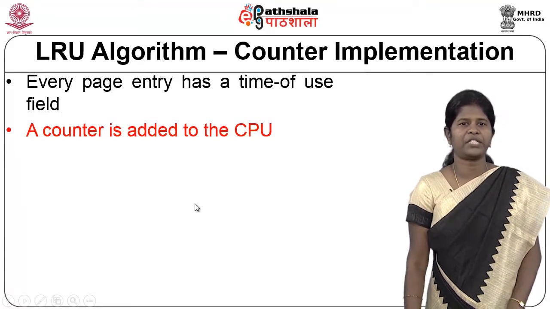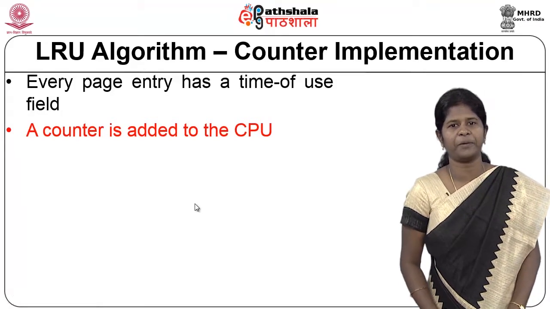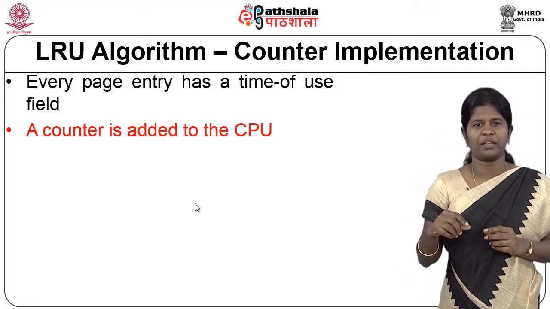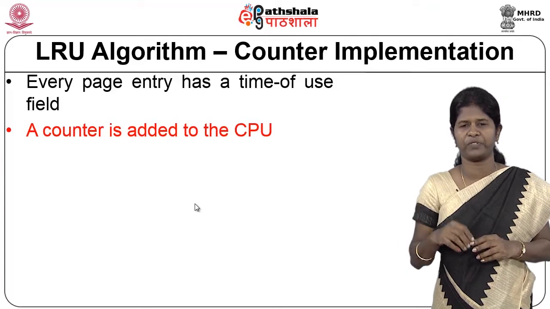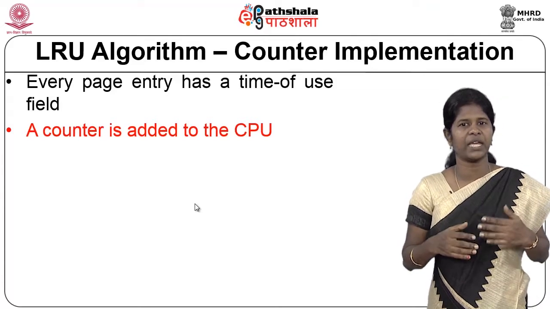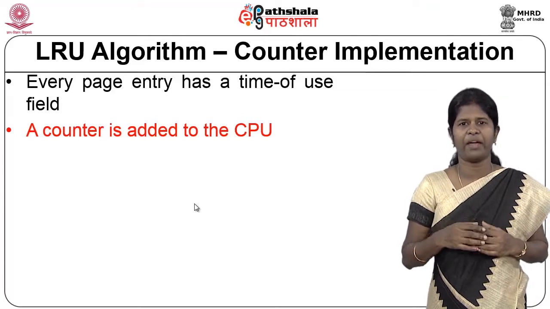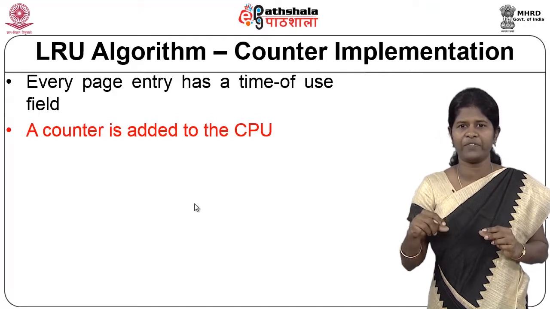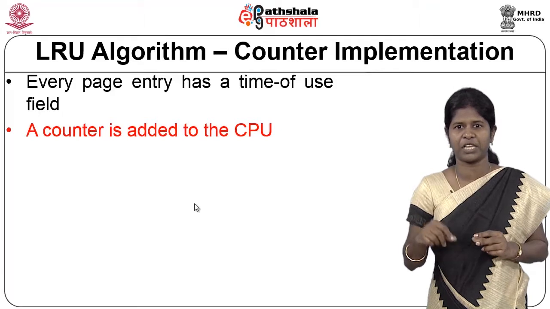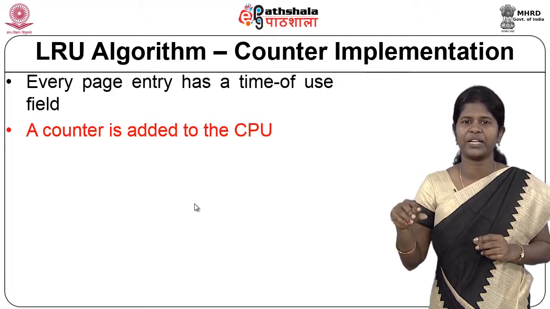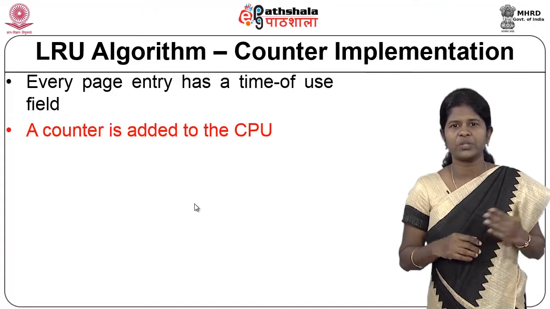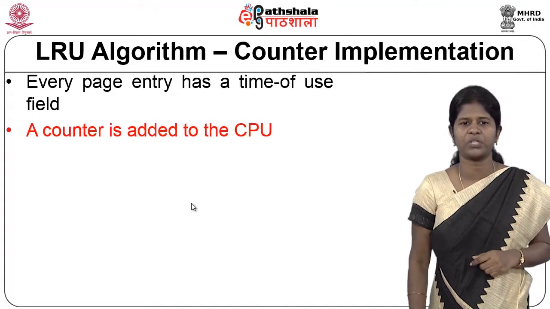For implementing the counter method, for every page entry, you also have a time of use field. You maintain an entry in the page table for every page, and along with it you have an additional field called the time of use field, and to the CPU you add a counter.